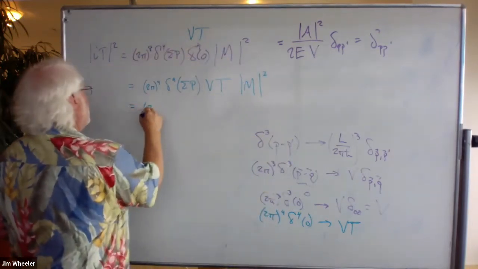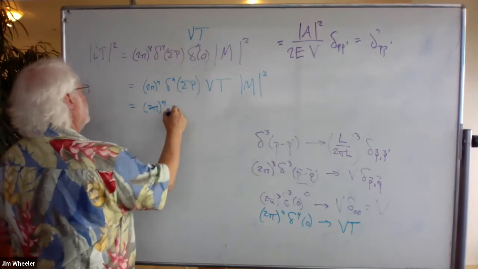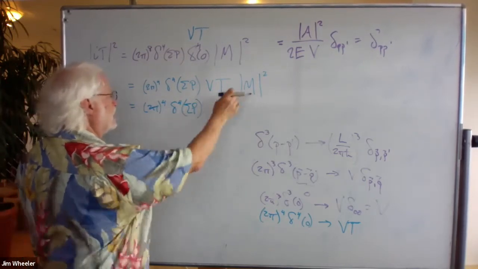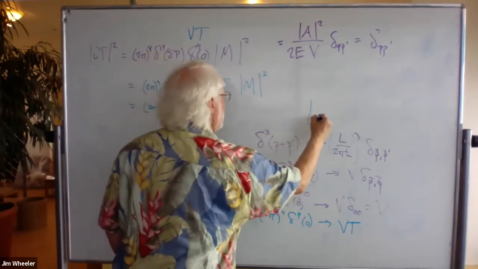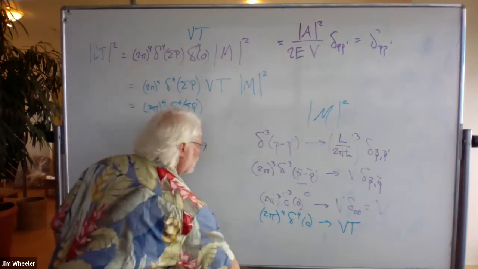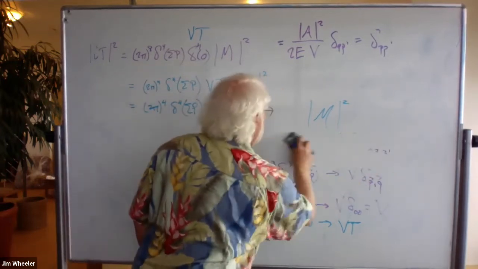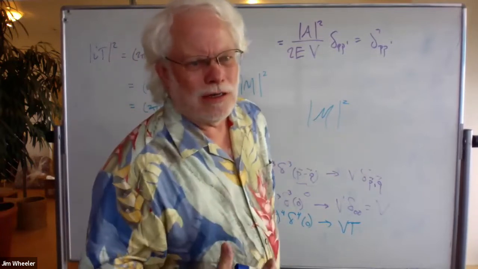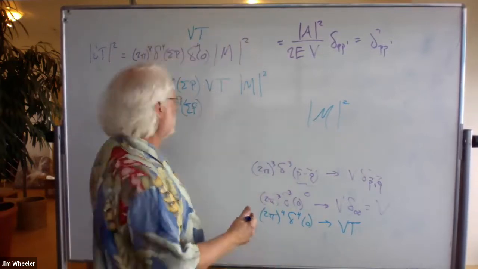But I'm going to write that in terms of the relativistically normalized matrix element. Let me call it curly M here, the relativistic one. And now we get these factors of 1 over twice the energy times the volume.